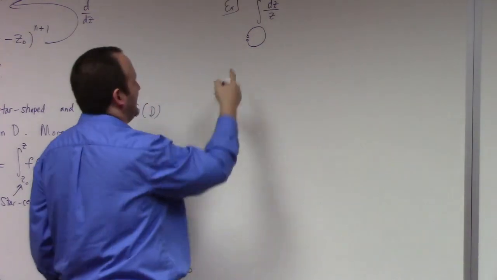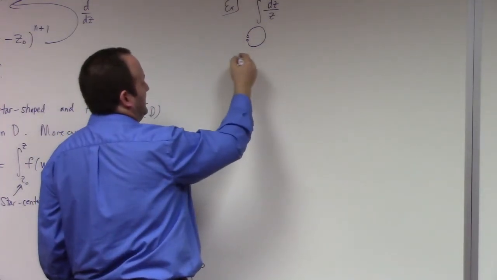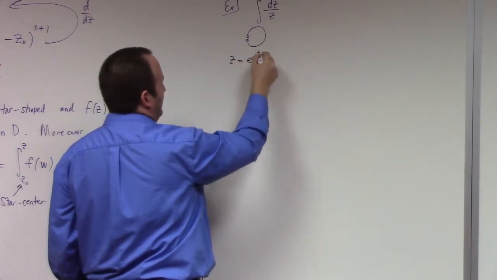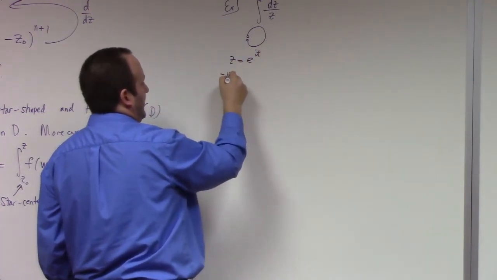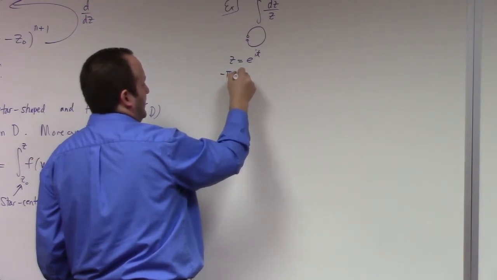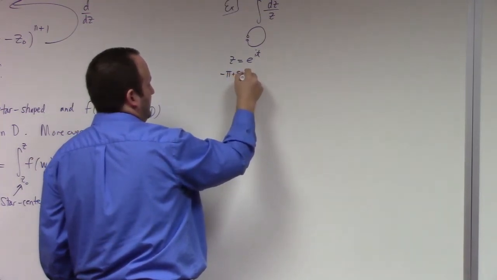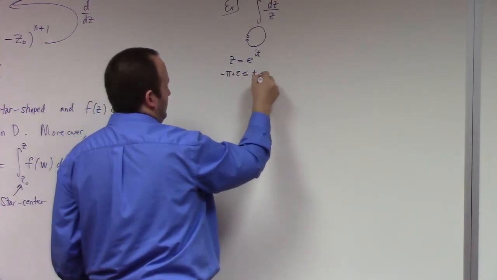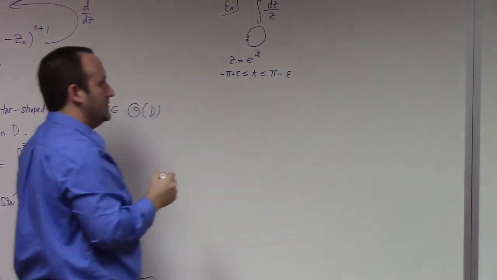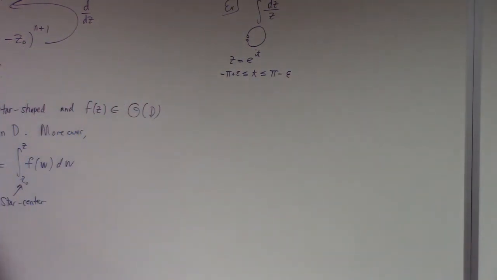We'll basically do it for z equals e to the it, for minus pi plus epsilon less than or equal to t less than or equal to pi minus epsilon. So I'm almost getting to the slit, but not quite.